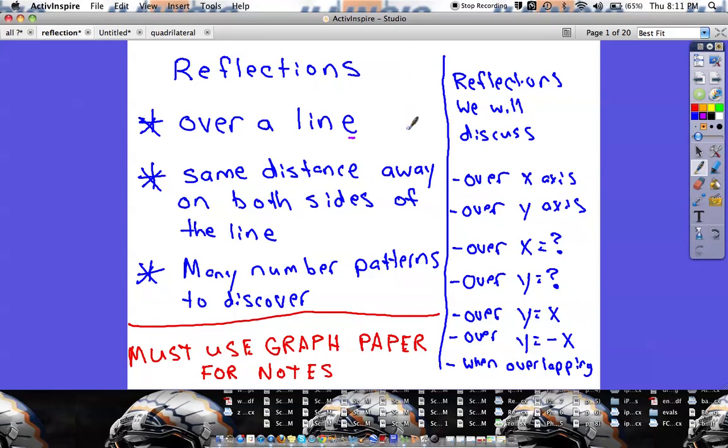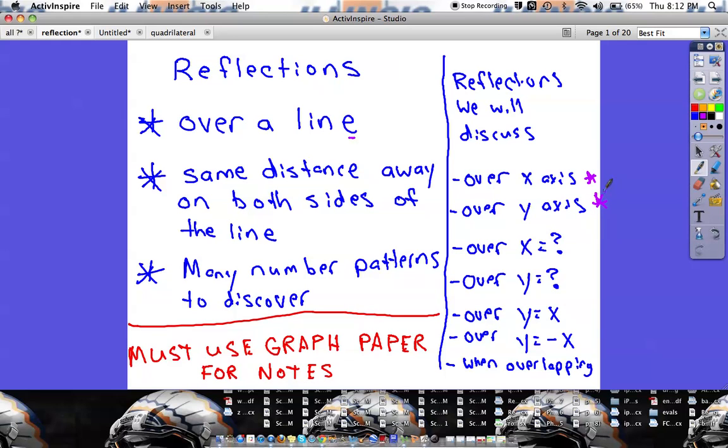All right, the type of transformation we're going to look at this time is reflections. And this is something that is not difficult when we think of it over the x-axis or the y-axis. Those are actually two pretty simple things to do.